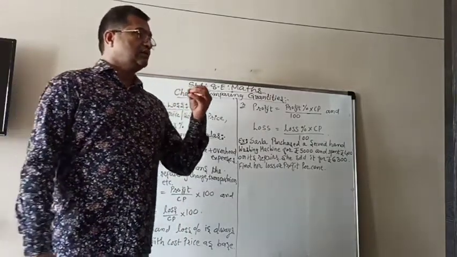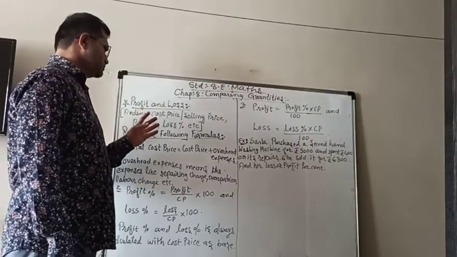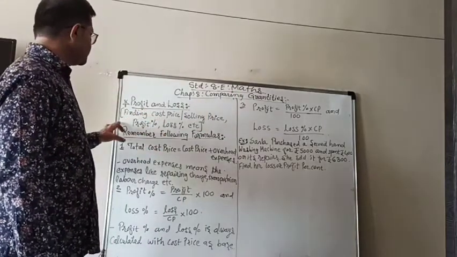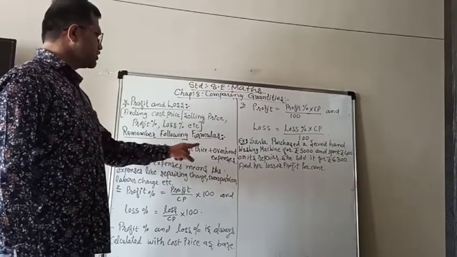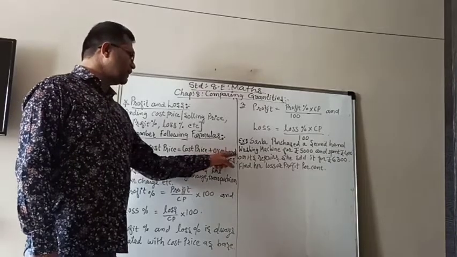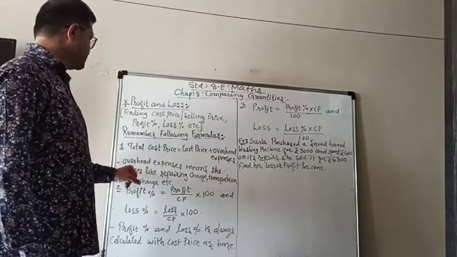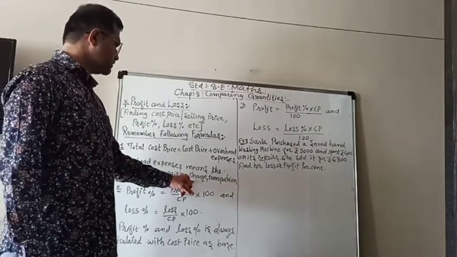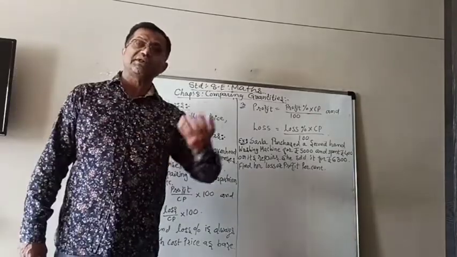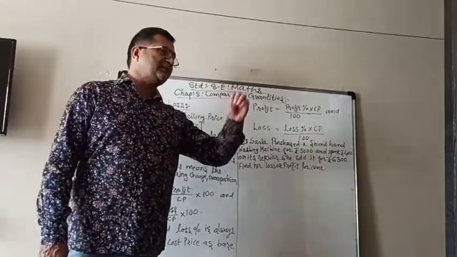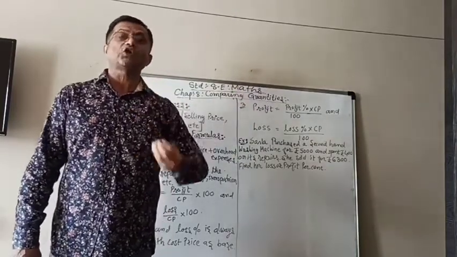So here we have to remember some formulas. First is total cost price is equal to cost price plus overhead expenses. Overhead expenses means expenses like repairing charge, transportation, labor charge, etc. I bought it from a company, but then we have to bring it to our shop.